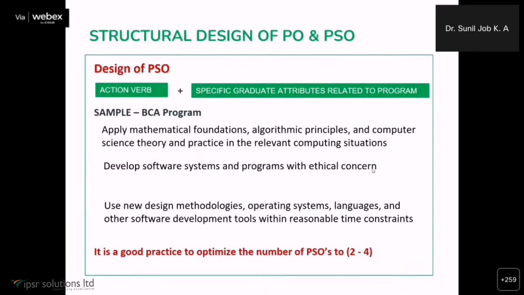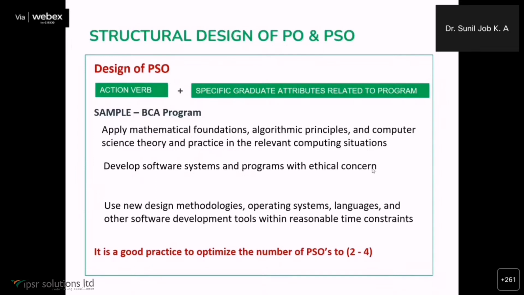So the student should be elevated to the position of creating something, developing software systems and programs with ethical concerns. That's something which institutions focus on. We do not want students to go and create all types of viruses or do unethical hacking or something like that. We want the students to develop software systems with ethical concerns.